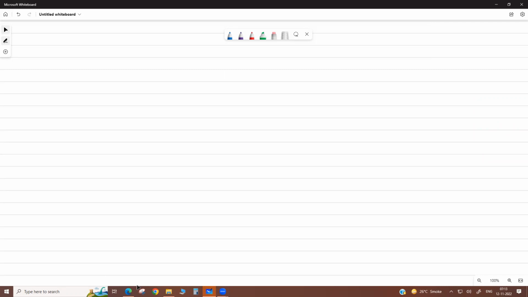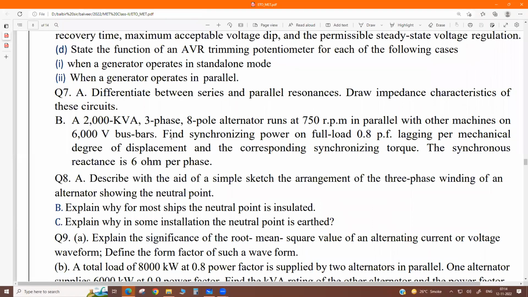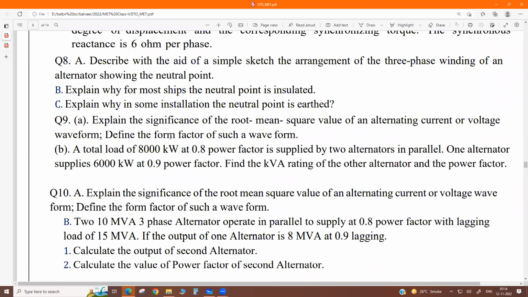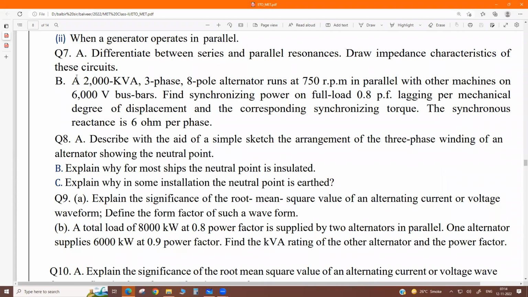Yes, please. So let us start. Okay, first we continue this alternator chapter. Up to which question did we reach? Eighth. Sixth and seventh we have also completed. Now the same question was asked; we have to solve that also.